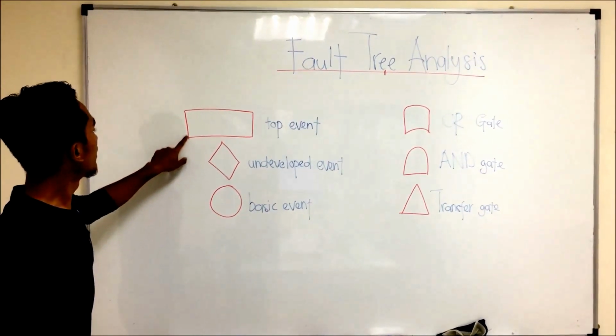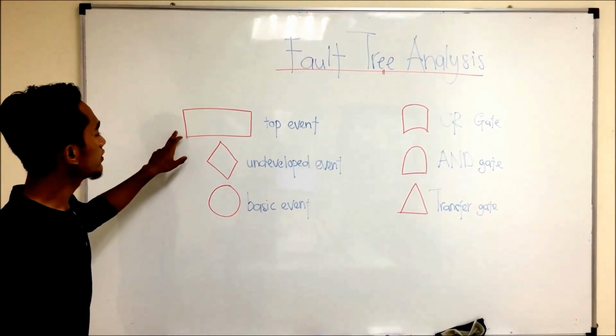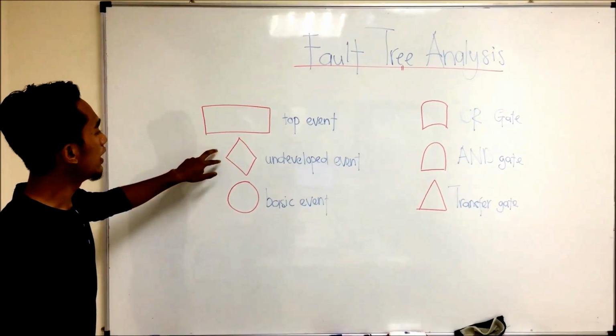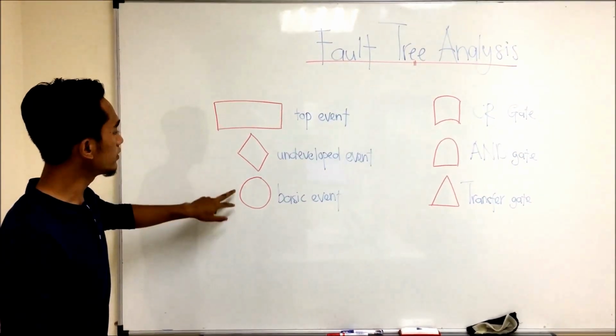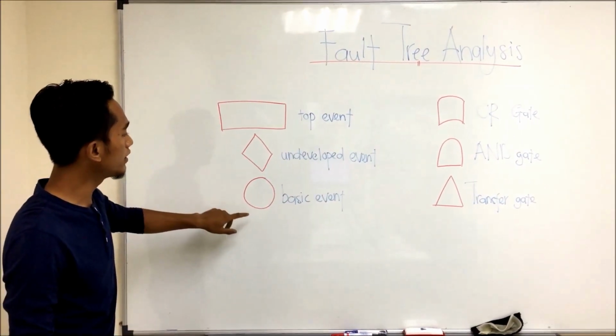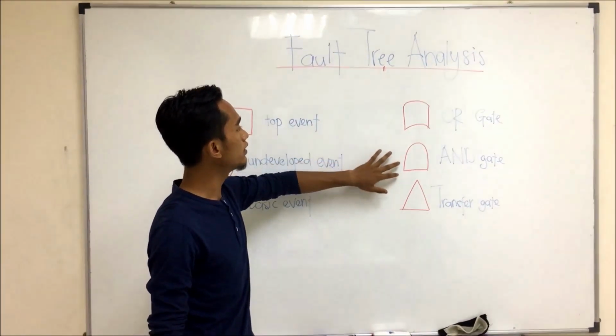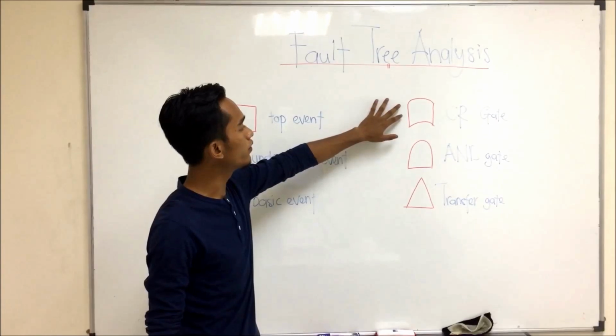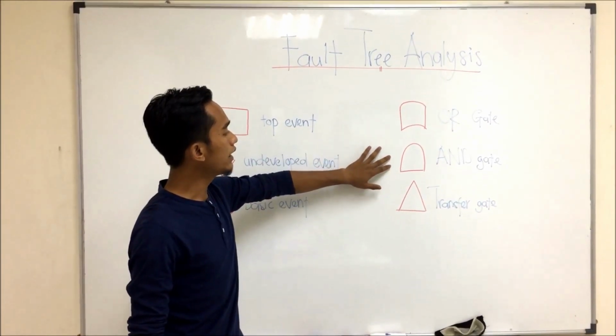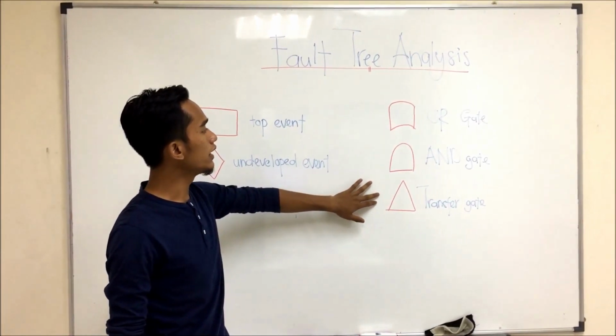This square is for the top event, the diamond shape is for the undeveloped event, and this circle is for the basic event. And these three are the basic gates that we use in fault tree analysis: the OR gate, AND gate, and transfer gate.